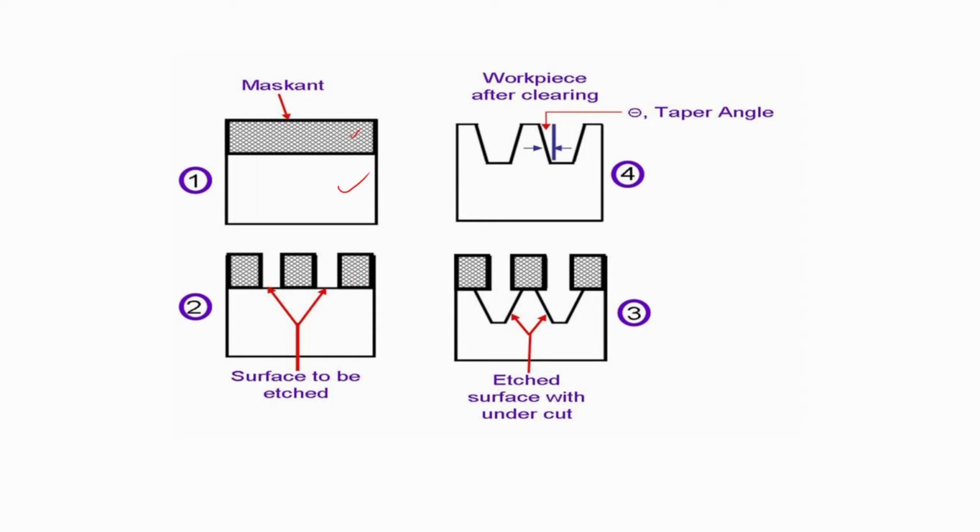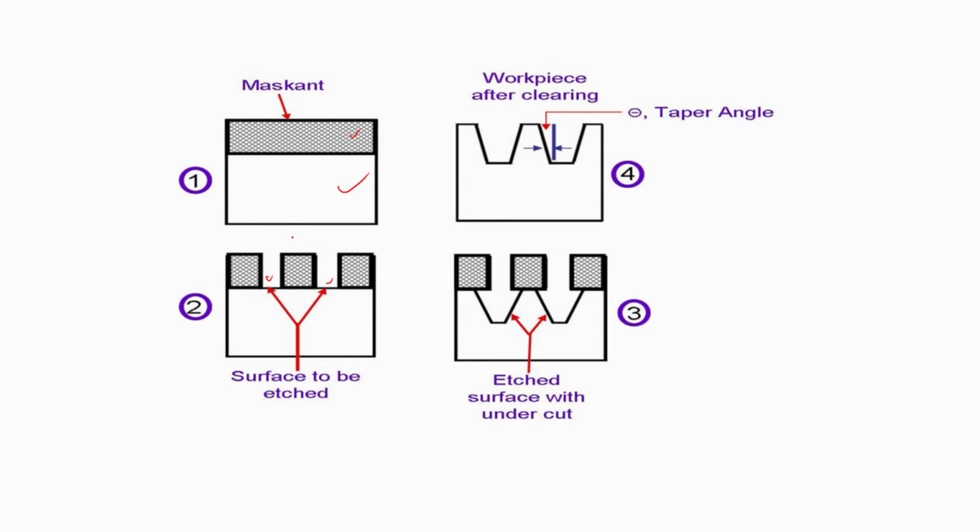After that, from some selective areas, this maskant is scraped or removed. So that area of the workpiece material is exposed for machining purposes. So these are the areas which are exposed where the maskant layer is removed.